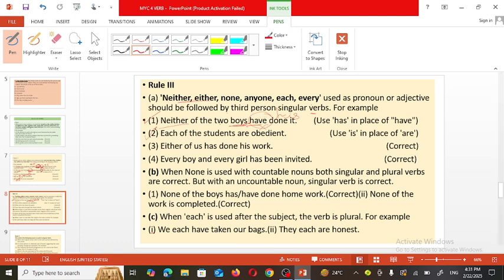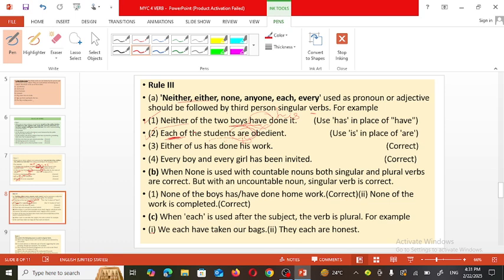Now see the second example. Each of the students are obedient. Each of the students means, from the given students, each one. So we are talking about everyone, and that's why instead of are, we have to take a singular verb. So instead of are, is must be there.